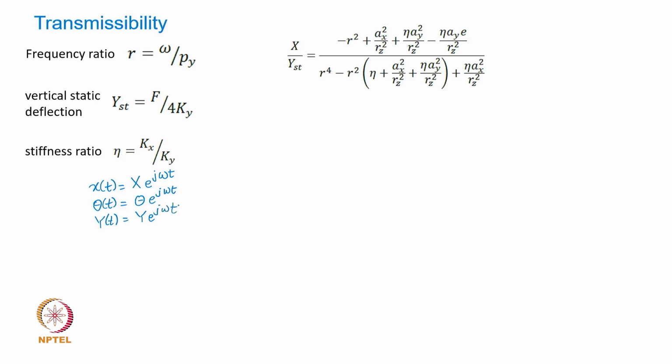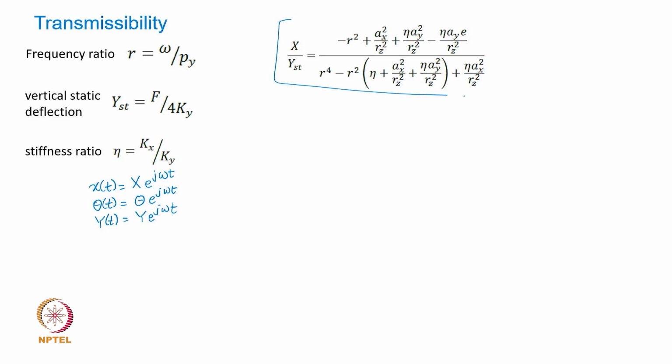And then you are now quite conversant about how to get the response expression or the amplitude. If you substitute everything and use some of the non-dimensional parameters that we have defined, you will get this expression.